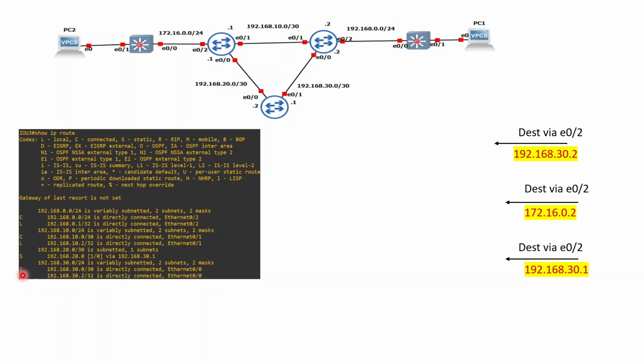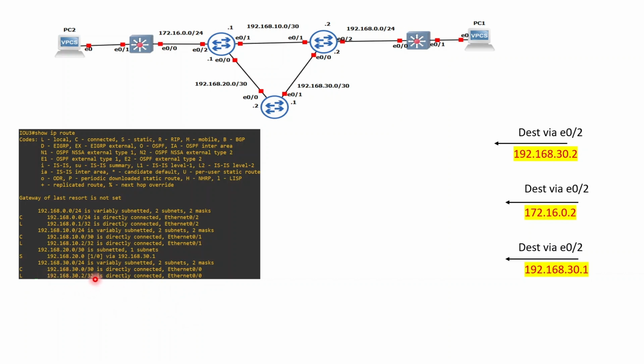Once we look here, the answer is the directly connected route 192.168.30.0/30. So through this interface, Ethernet 0/0, this packet will be sent to reach the destination network. It is not going to use this address because it is a specific address and it is fixed, which means it does not change or increase.